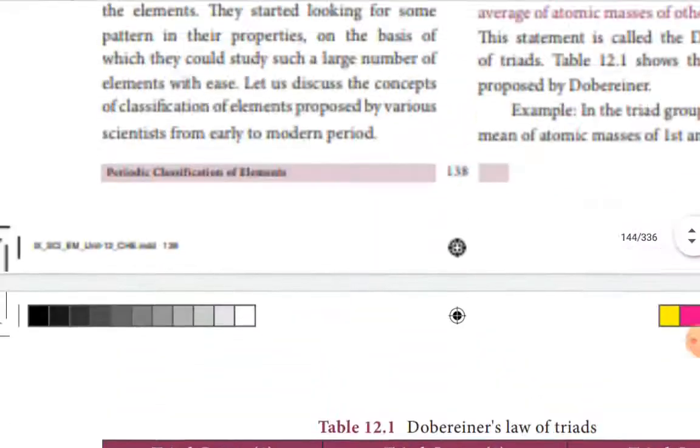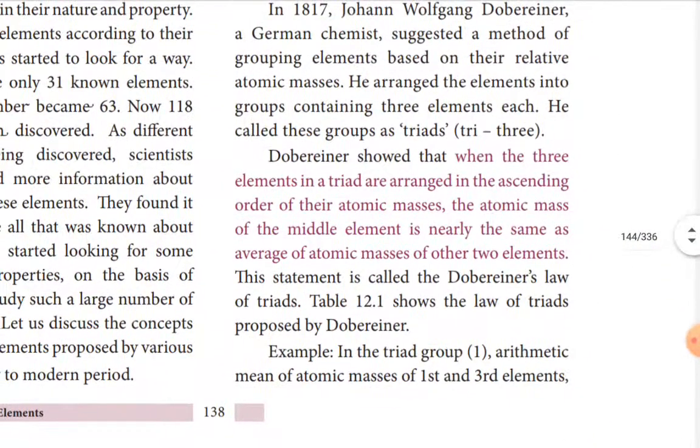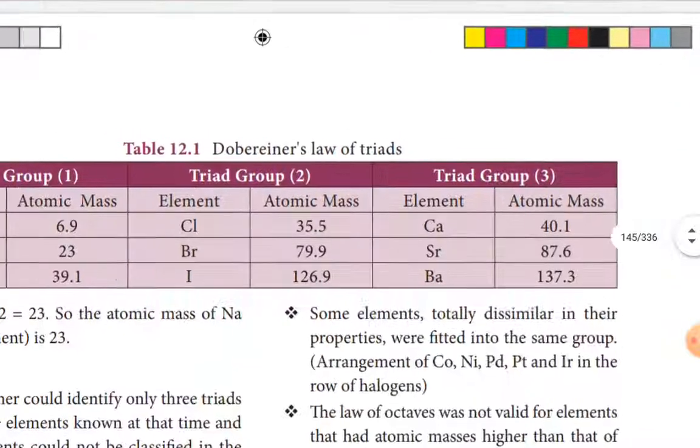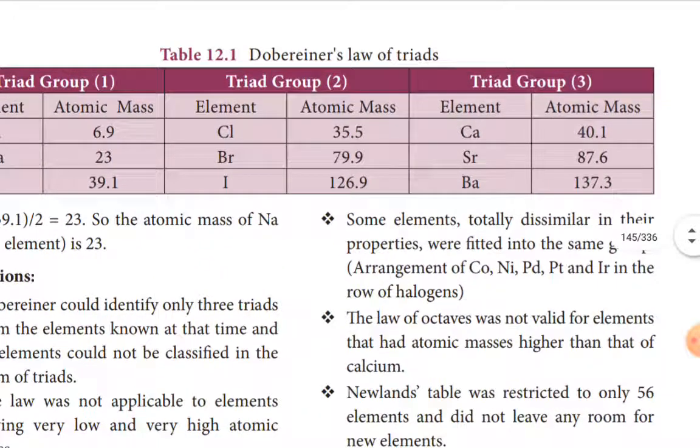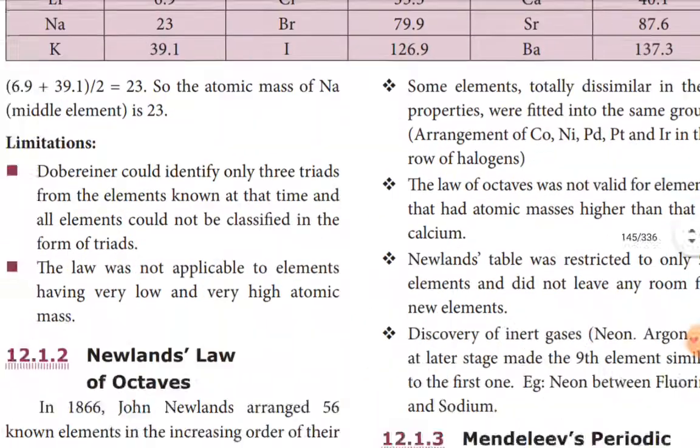So you have to understand what the Dobereiner triad is. Dobereiner arranged the elements based on atomic mass, 3 by 3, and the 3 elements are called a triad. When he arranged them, the atomic mass of the middle element is nearly the same as the average atomic mass of the other 2 elements. In such a way he found only 3 groups. That is the main drawback.